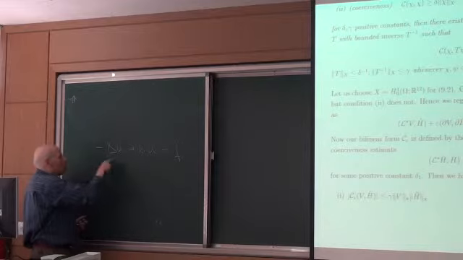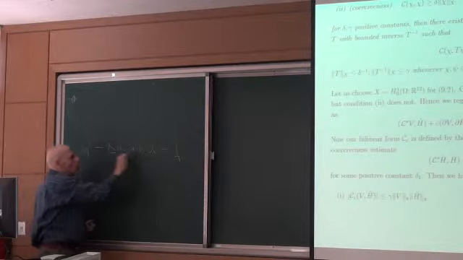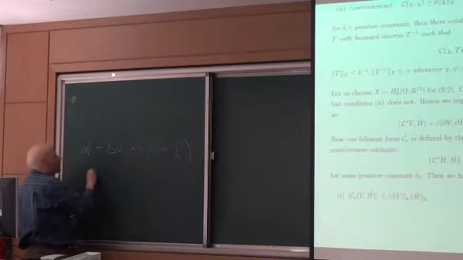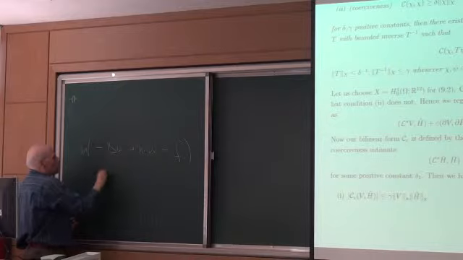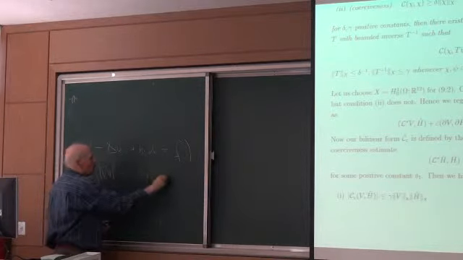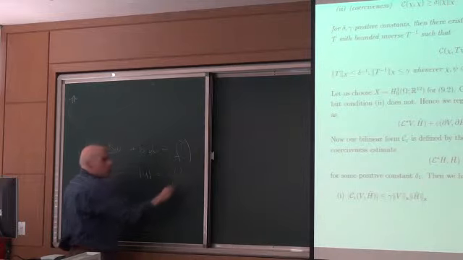So for the Poisson equation, I said we'd multiply by u. Let's pretend it's a b here. Then we'd integrate by parts, and we get grad u squared plus b u squared, and then here we get f u.